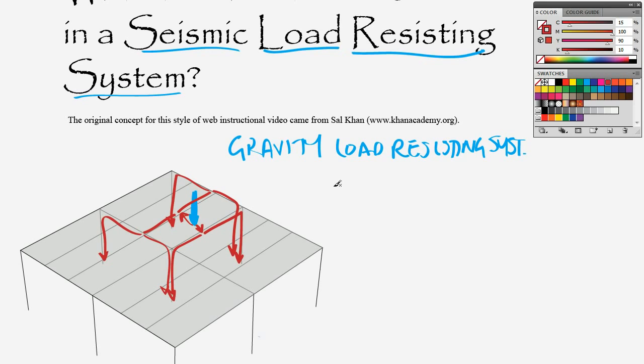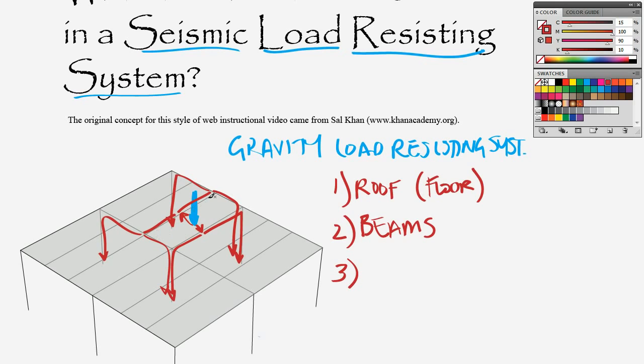So let's make a quick list here of the elements along that path. We start off with the roof, or in some cases we might have a floor. We could have done an example where we had a floor instead. We've got beams, roof beams or floor beams.